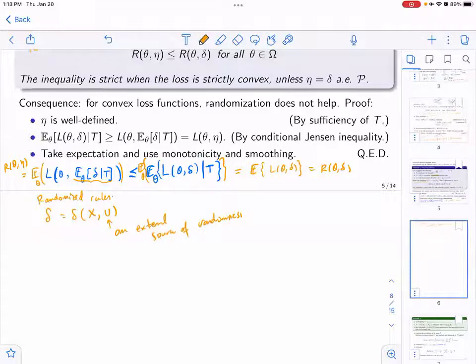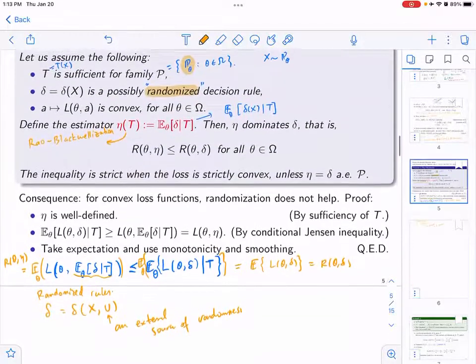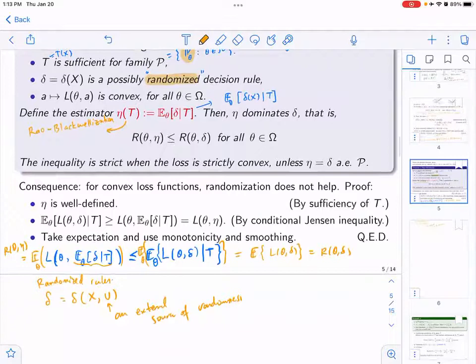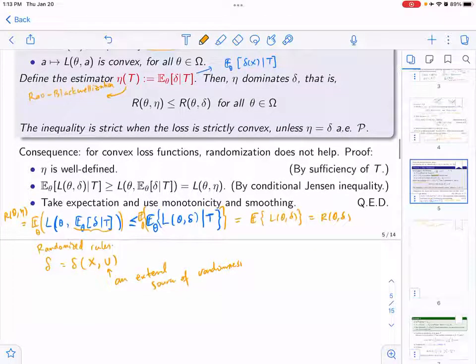So maybe it involves a random variable in the function. Exactly. So it's a function of both x and u. So once you observe x, the rule is not perfectly deterministic. For example, you flip a coin and decide. So I observe x, flip a coin, and based on the result, I decide. Or I observe x, draw a uniform random variable on 0, 1, and based on the value, I decide.